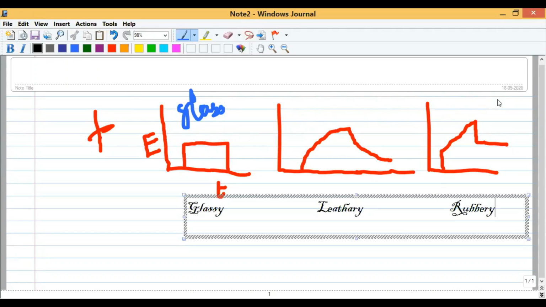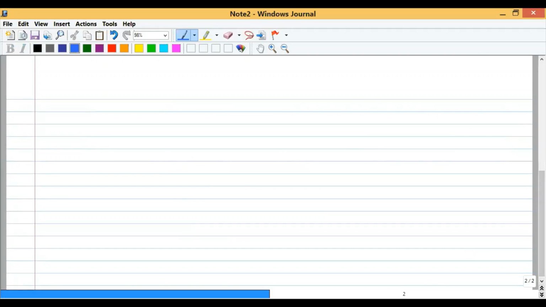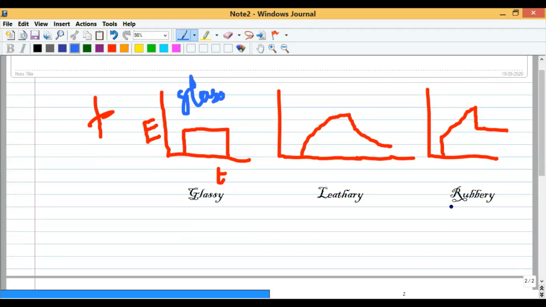See, if I go on drawing, it was glassy, leathery, rubbery, and if you go on further increasing, what will happen? I should draw another one which is represented by some liquid or viscous behavior, isn't it?